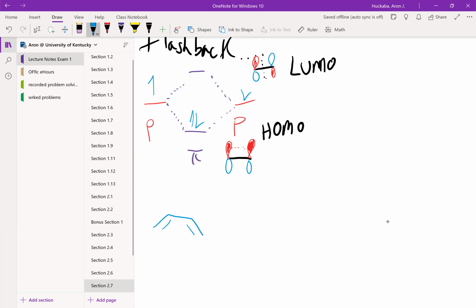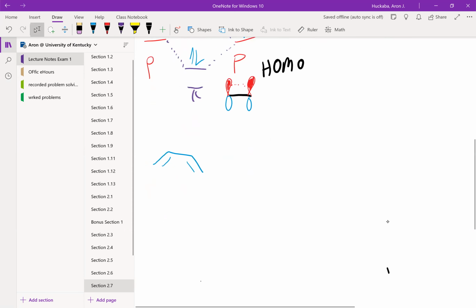Because again, this drawing does not tell us what specific orbitals are bonding and what specific orbitals are antibonding, much less which molecular orbitals are really the most reactive or where the electrons even are typically in this system.